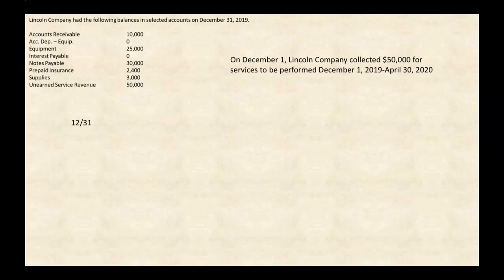Now, on December 1st, Lincoln Company collected $50,000 for services to be performed December 1st through April 30th. So back on December 1st, we would have recorded that we got $50,000 in cash and our unearned service revenue increased by $50,000.